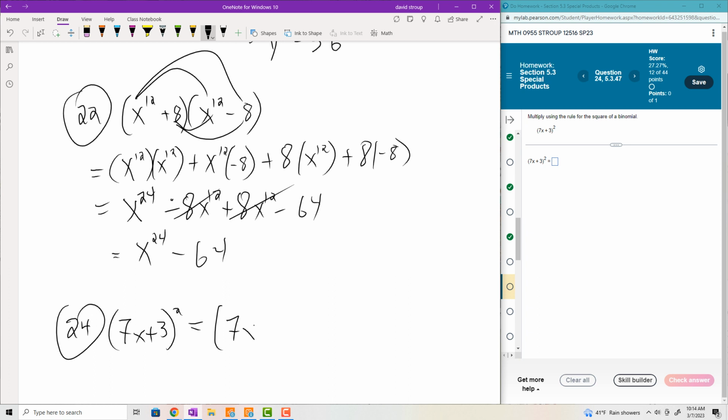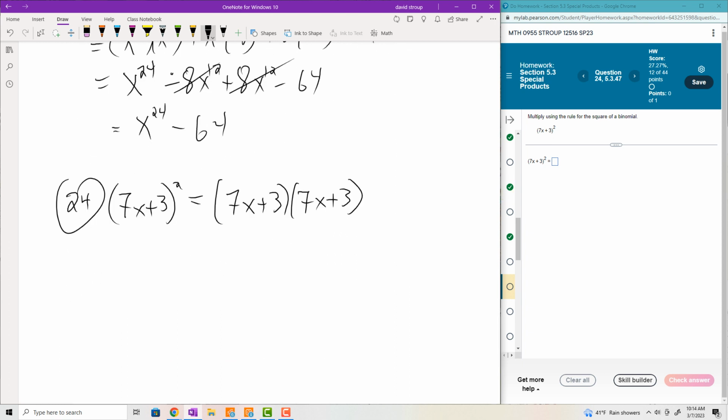So you'll write it as 7x plus 3 times 7x plus 3. Now, please note that you cannot distribute that 2. We saw some questions like 7x cubed raised to the third power, and you can think of it as distributing the 3, right? So 7 cubed x to the 9th. This is not the case here. This will not work, okay?